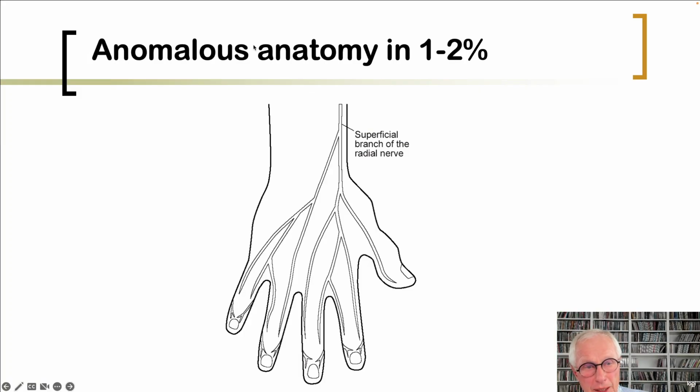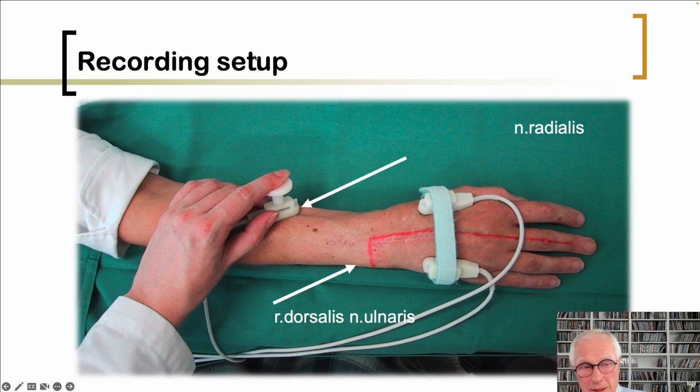If we have an anomaly, we don't get this branch, and in that situation you need to stimulate the radial nerve as well. So you stimulate the radial sensory branch and you record from both the medial side where the radial nerve usually ends up and over the ulnar side where the dorsal branch is, and you can stimulate both sides.